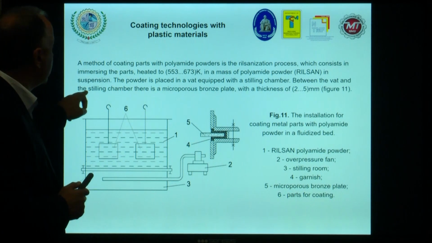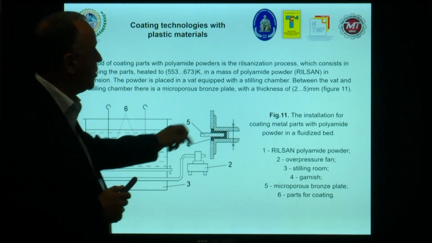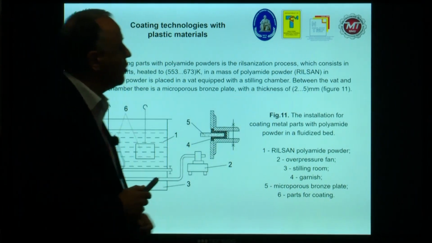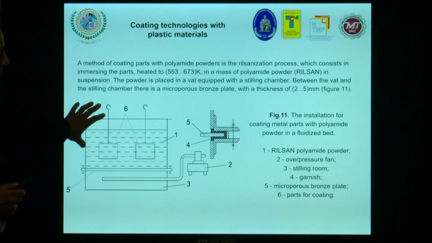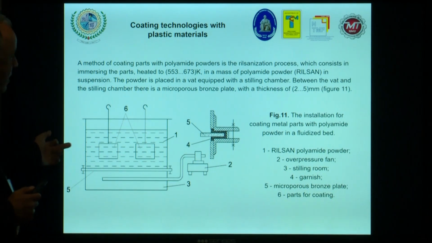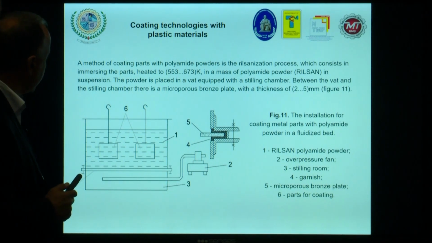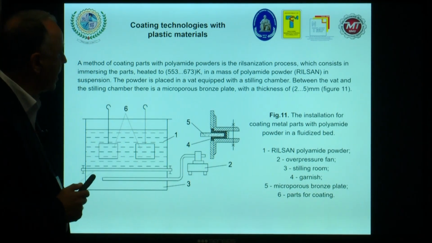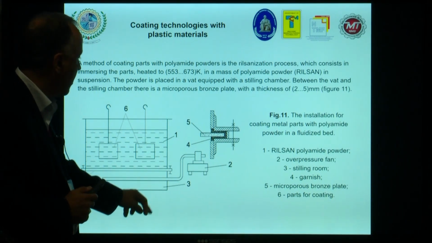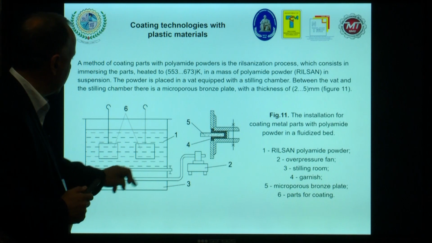Between the vat and the stirring chamber there is a microporous bronze plate with a thickness between 2 and 5 millimeters. All the sketch you can see over here with the main parts: the polyamide powder inside, overpressure number 2, stirring room number 3, garnish number 4, and of course the microporous bronze plate, number 5.